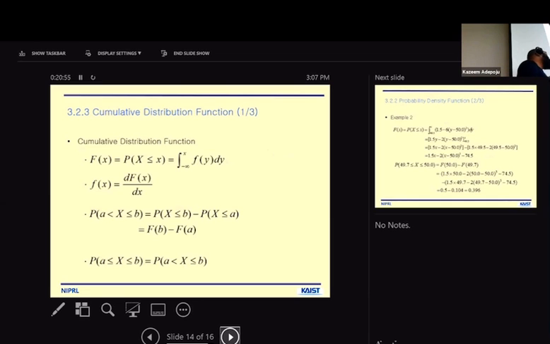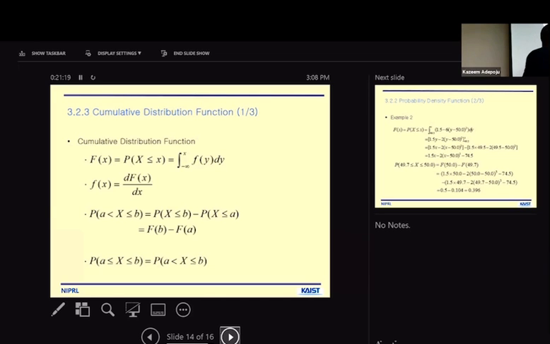So I can obtain the CDF from the PDF. If I want to get a CDF from the PDF, I just integrate using the range from the lower point to that particular point. If I'm working on x, then I write f of y dy or f of t dt or something like that.